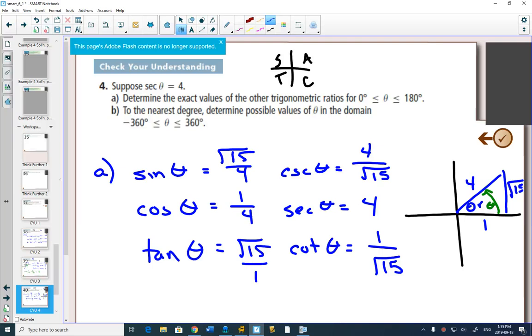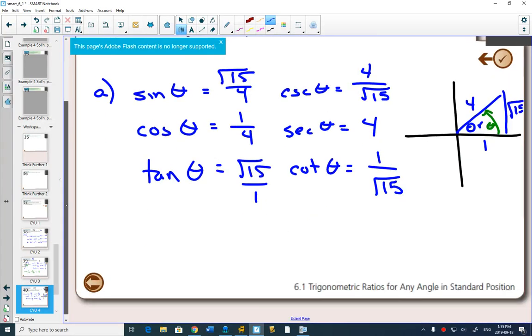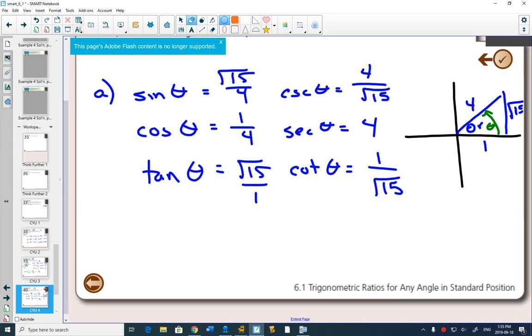To the nearest degree, find possible values of the angle theta. And now we're going from negative 360 to 360. So what happens in part B is we're going to steal our triangle from part A. It still is true.